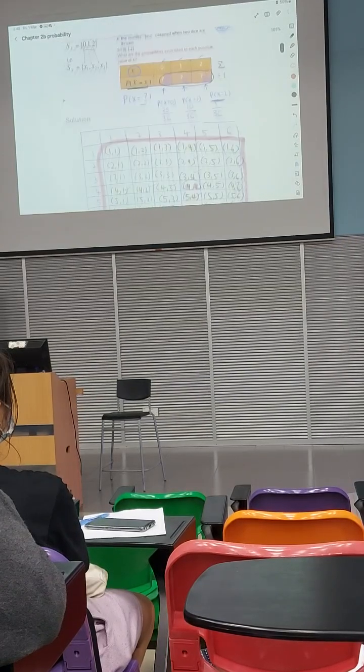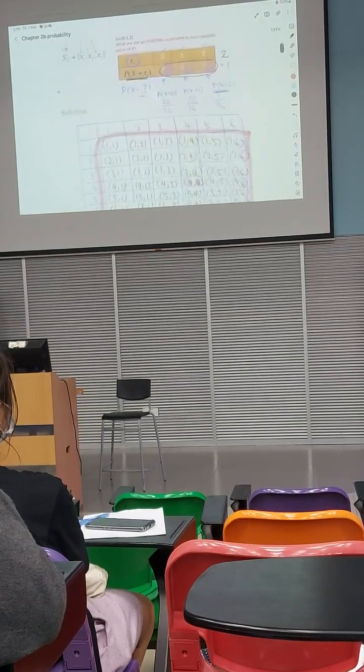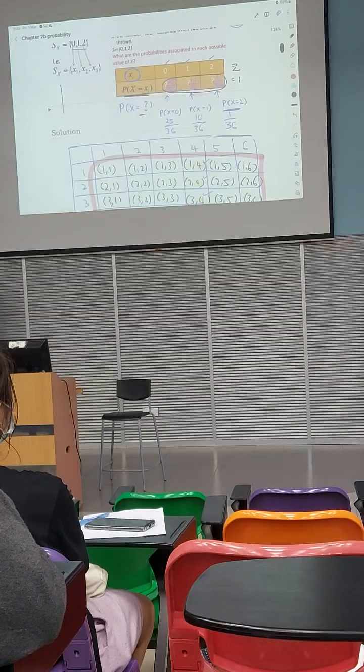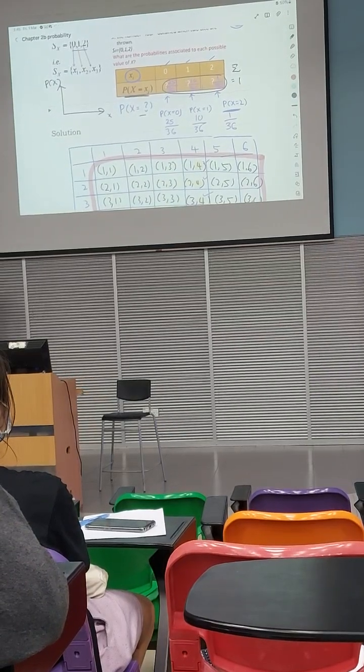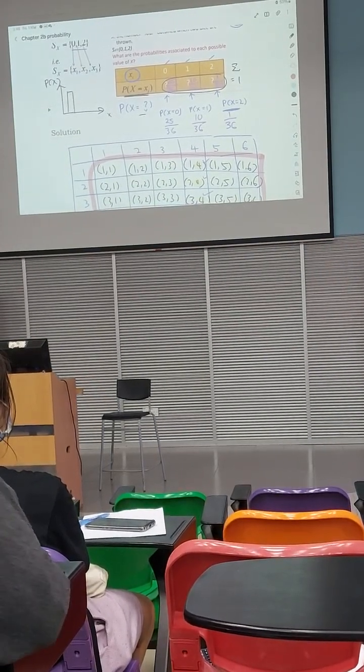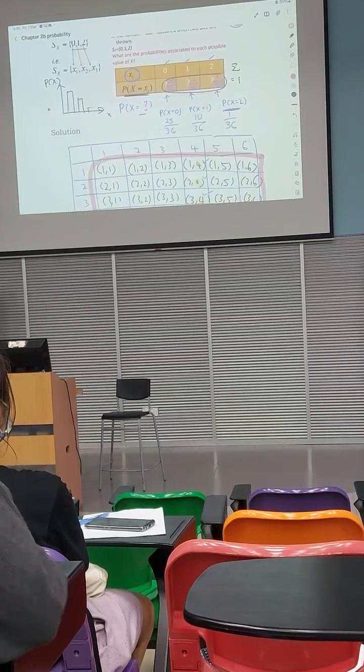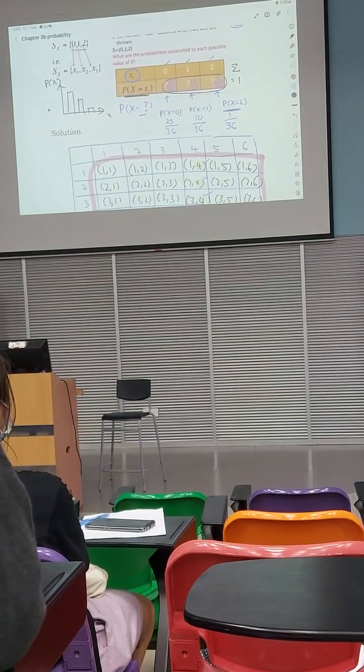So if you want to plot it in the histogram, it could be like this. Histogram. So this is the probability distribution. This is the random value of x. In this case, it should be like this. So this is x when x is equal to 0, 1, and 2.